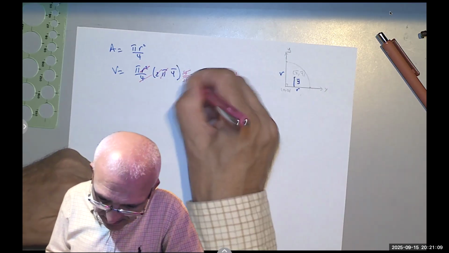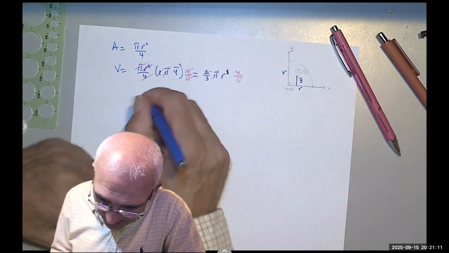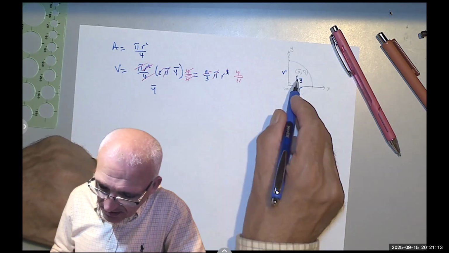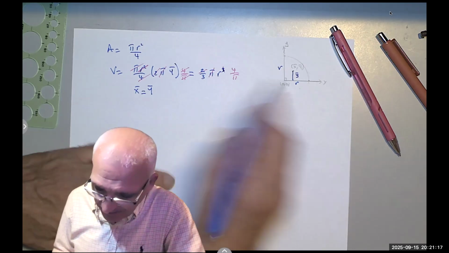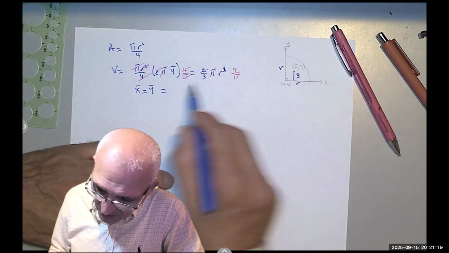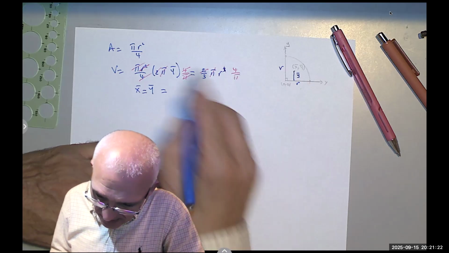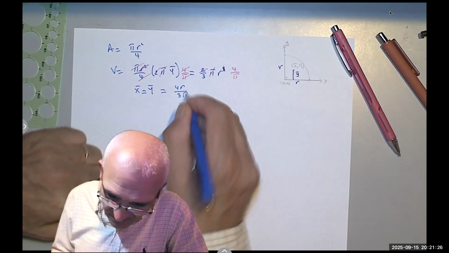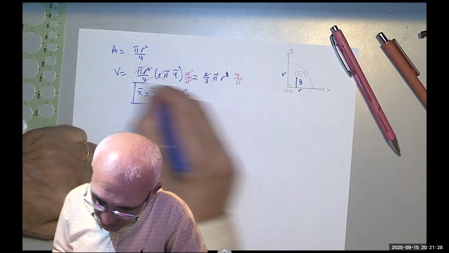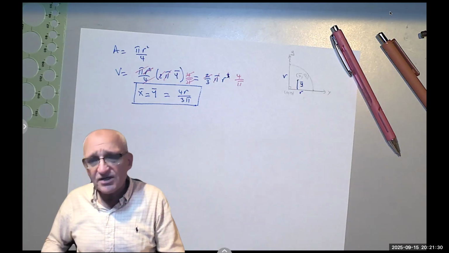These cancel. And I get y bar, which is the centroid, which is the same as x bar because of symmetry, equals 4r over 3 pi. And that's how you can find the centroid of a quadrant or a semicircle.